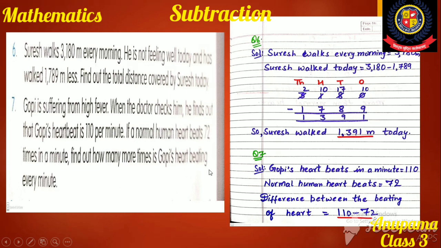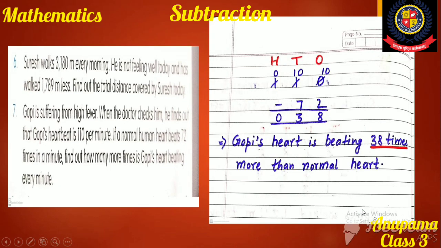So in the solution we will write down Gopi's heartbeat in a minute equals 110, per minute. A normal human heart beats 72 in a minute. So the difference between the heartbeats is 110 minus 72. So we will subtract 72 from 110.